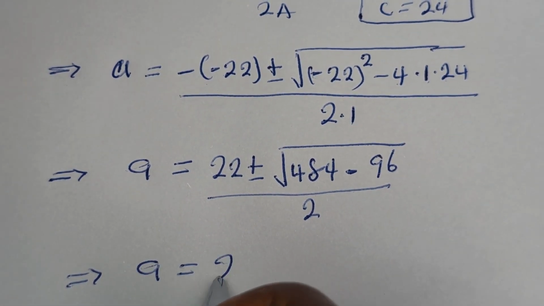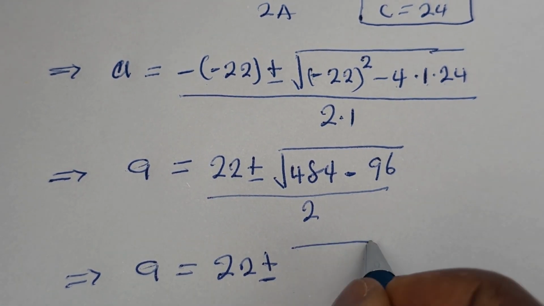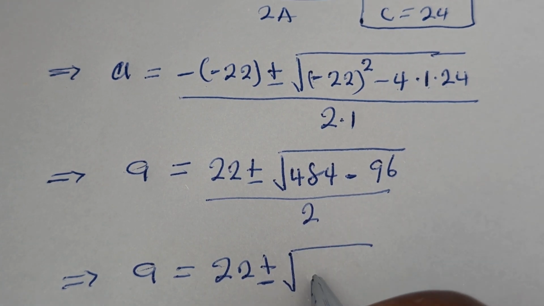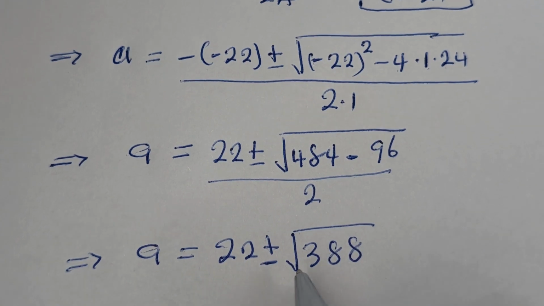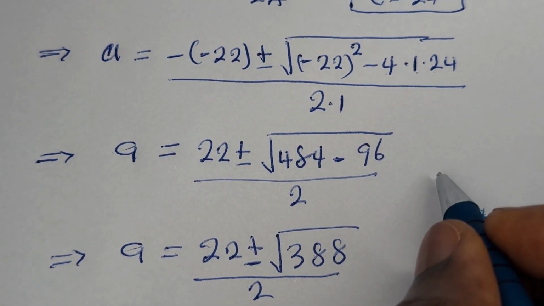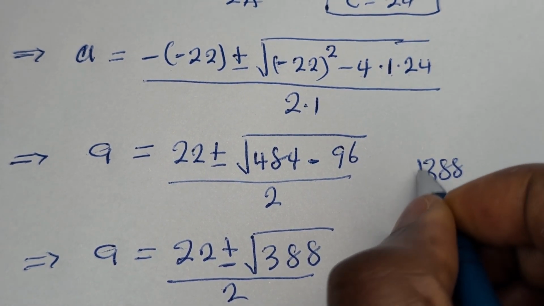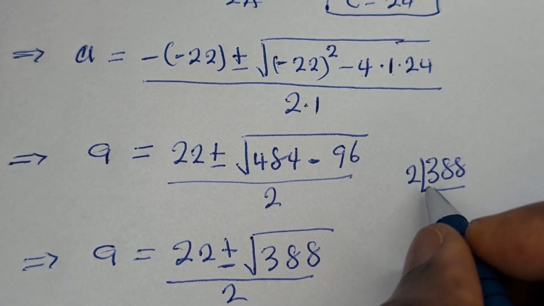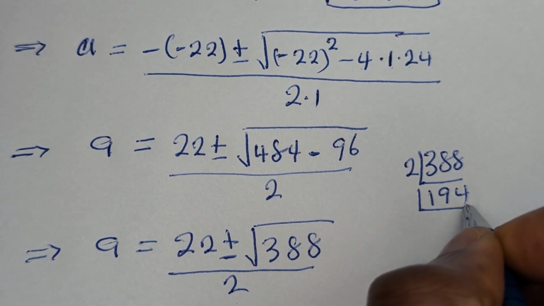a is equal to 22 plus or minus square root of 484 minus 96, that is 388, over 2. Then 388 is divisible by 2, then here is 194, and this is divisible by 2 again.